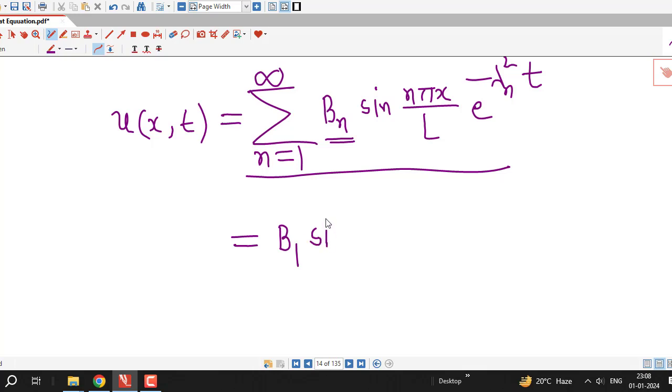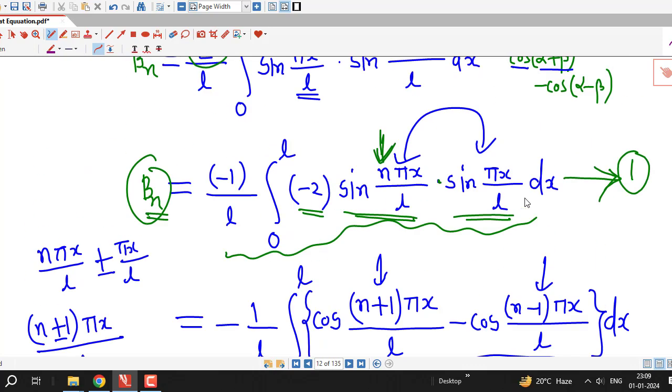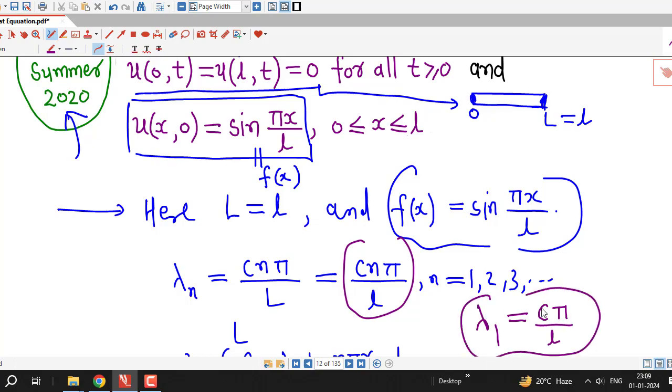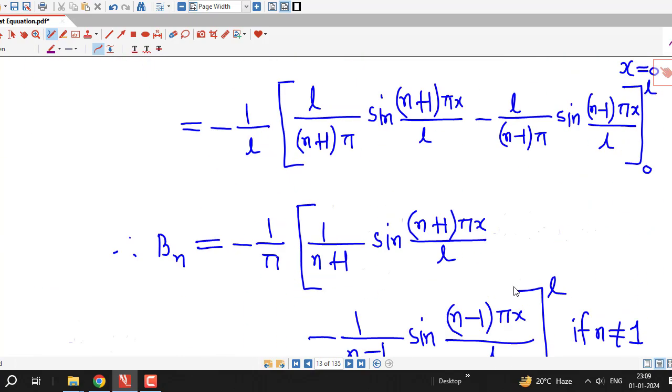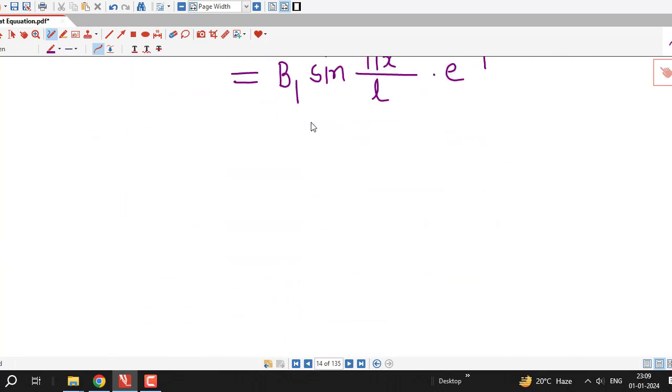So if I take n equal to 1, I have sine pi x over L, length is denoted by small l, e raised to minus lambda 1 square into t, and lambda n is c n pi over L. So lambda 1 is c into pi divided by L, and that we will substitute here. Value of b1 is 1.